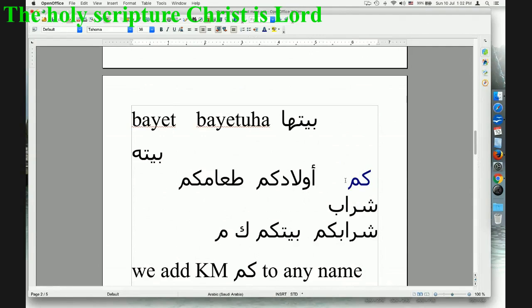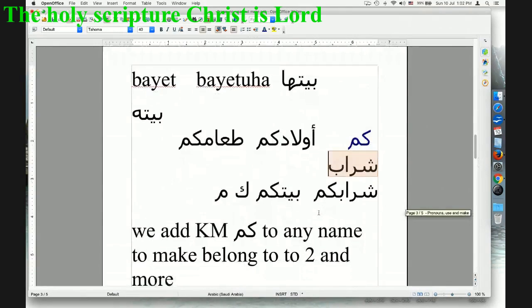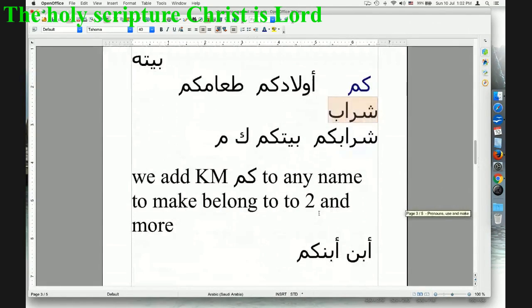The original is bayt. The original of a drink is sharab. I want to make it your drink, so I say sharabakum. So the kum is added to any name you want, and that will make it belong to two and more. And remember, this is for male or female, doesn't matter.